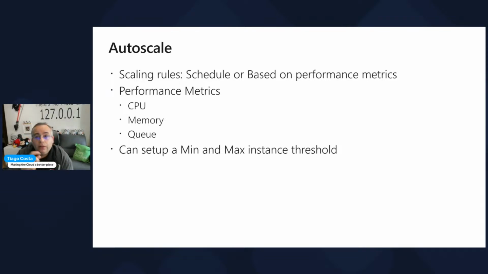If it's more memory, you should focus your metrics on memory, because memory is what runs out first. And then we can set up a minimal and maximal instance threshold. Tiago, this is premium, I can go up to 30 instances, great, but look, I can't afford more than 10. Okay, sure, let's put a max at 10.